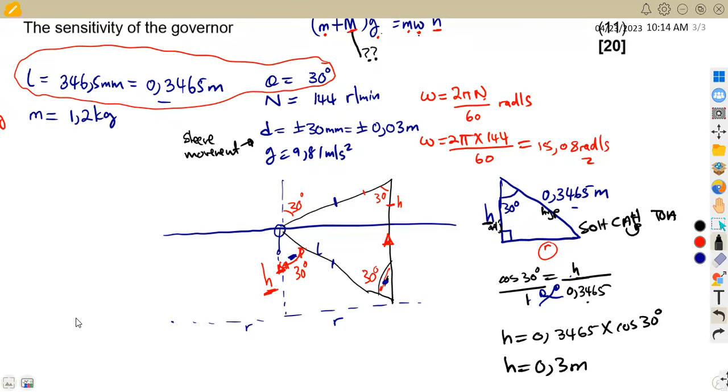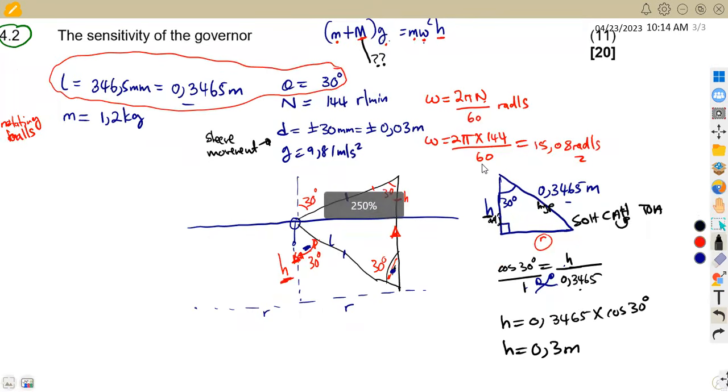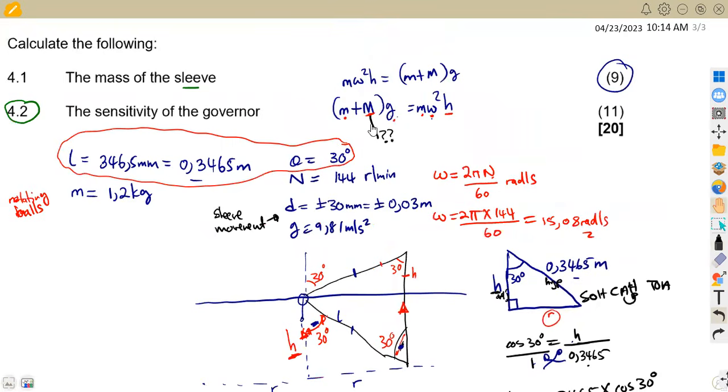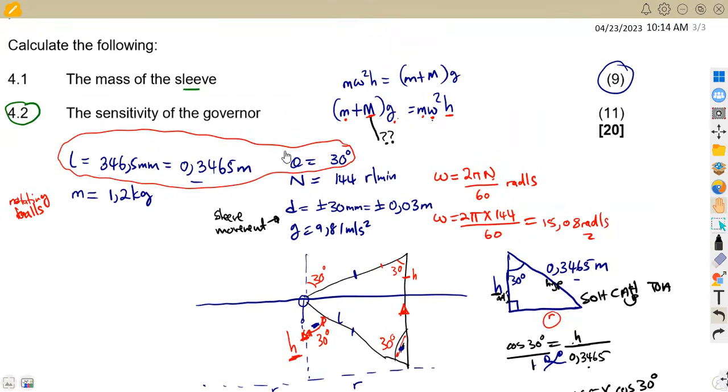Okay, from the height that we have, remember the consideration that I was saying, this height is going to help us now to calculate the mass. So it depends with what you want to do on this formula. This is the formula that we are given here, and this is the information.